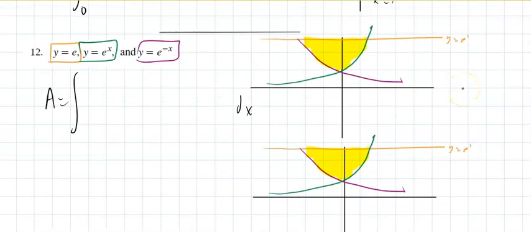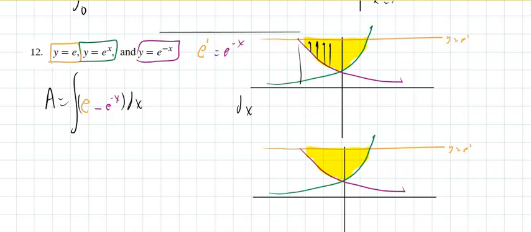If I run this vertically, I'll notice that, wait a minute, the top is the orange and the bottom is the purple. The purple was e to the negative x, yeah? And that runs from, I need to know what this point is. Take the orange and set it equal to the purple.